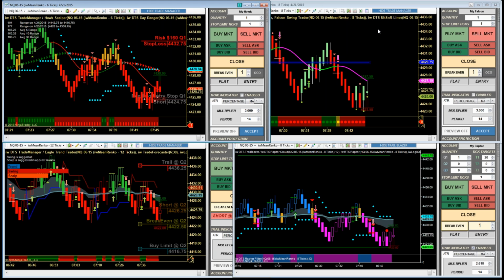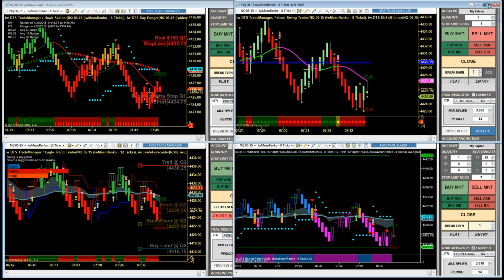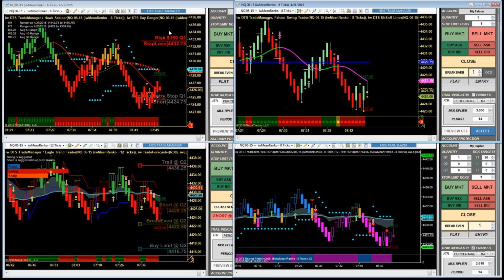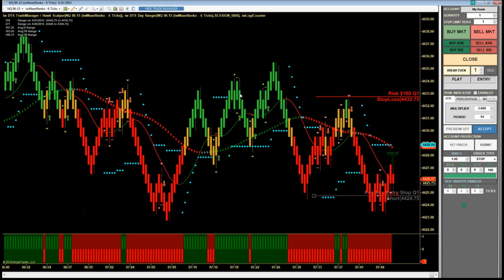Oh, Mark's made a mess of his chart. Okay. Mark says, Eric, I seem to have gotten my chart on the hawk all out of whack. Okay, let's go to the hawk. Here we go. And he says, by moving the bars from left to right on the bottom, they are now too skinny.